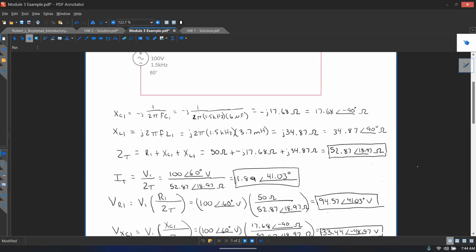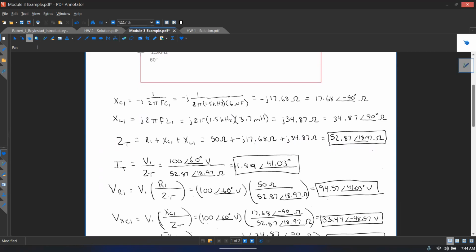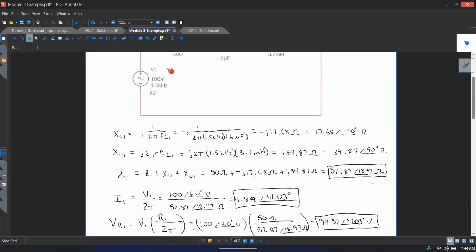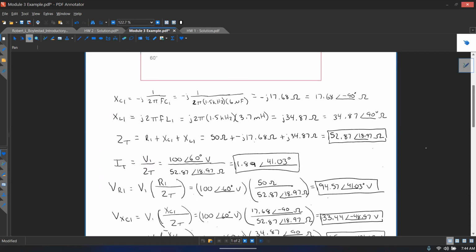All right, so now we have our total impedance. And so we can calculate our total current, which is your source voltage, which in this case is denoted as V1, divided by your total impedance.